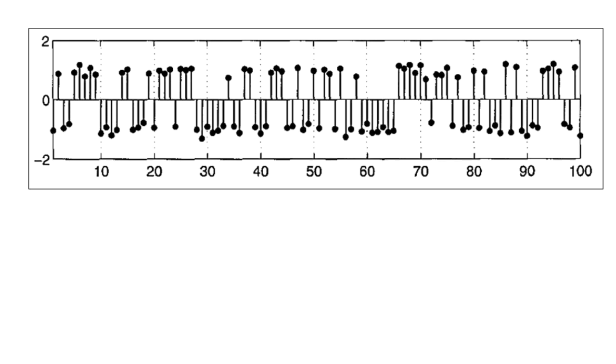So d cap of n, that is the estimate of the desired signal, will match d of n, the desired signal, after the estimate has been utilized by the threshold device here.